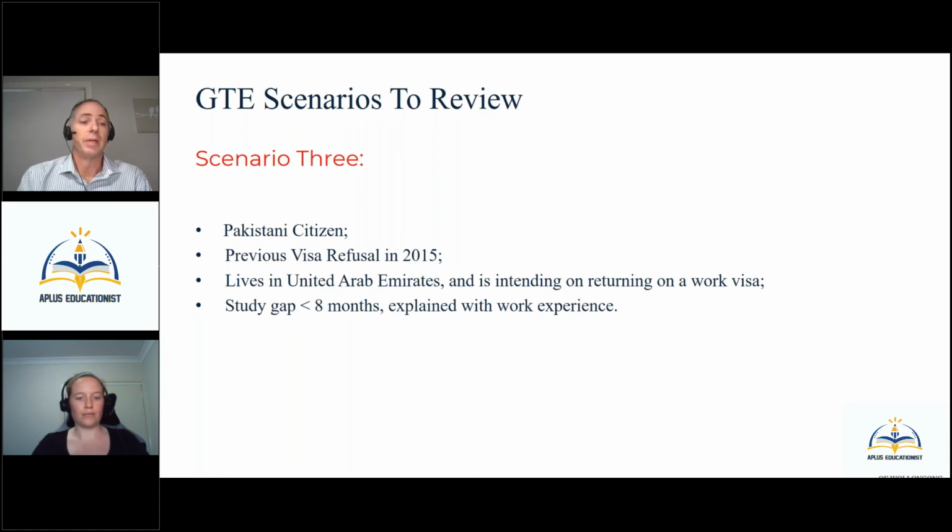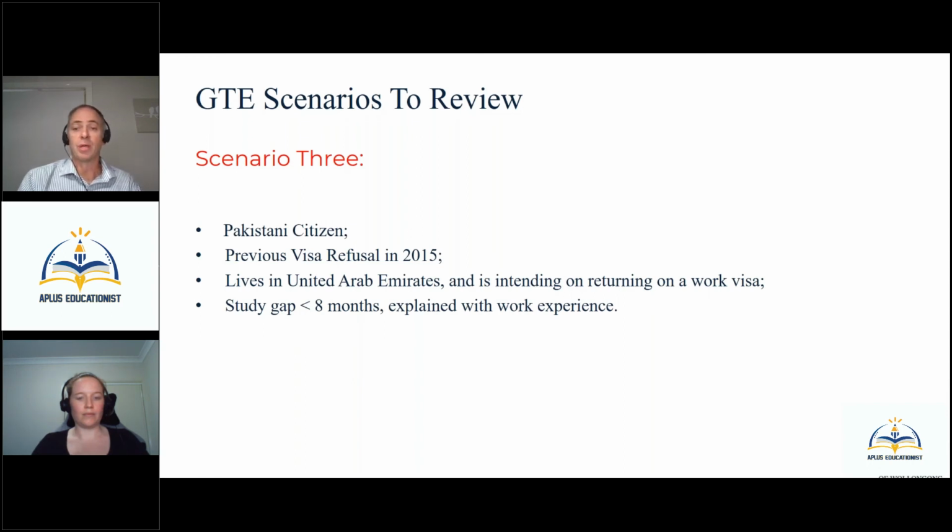The third example here, a Pakistani citizen that had a previous visa refusal in 2015. They had been living in the United Arab Emirates and were intending on returning there on a work visa. They had a small study gap of less than 8 months, which had been explained with particular work experience.